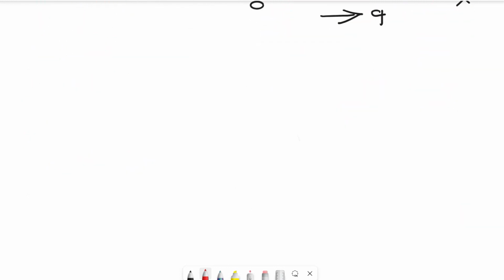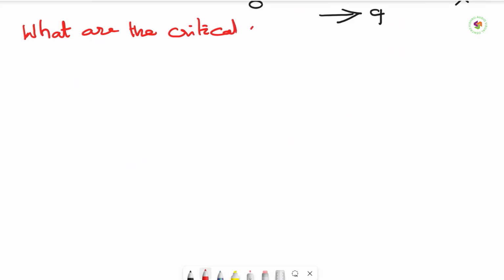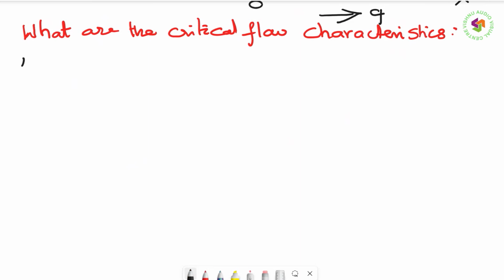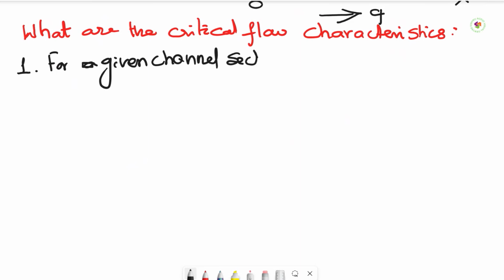Now to summarize the whole, I will write point by point, kindly concentrate. So what are the critical flow characteristics? This is the conclusion. Critical flow characteristics. So if I start analyzing it, number one, for a given channel section, see how I am mentioning for a given channel section, this is one condition.